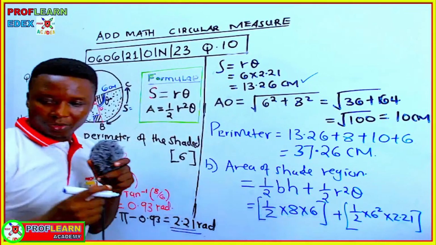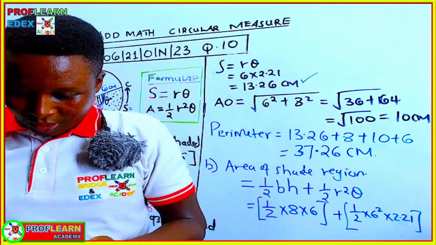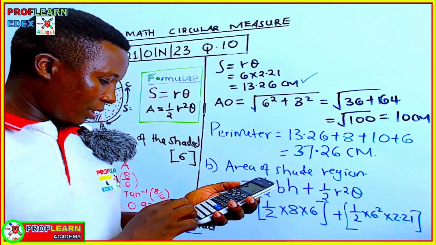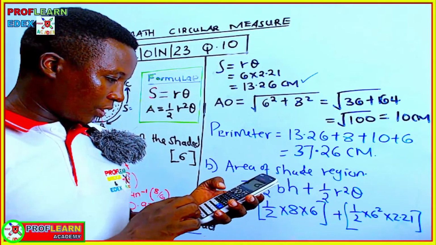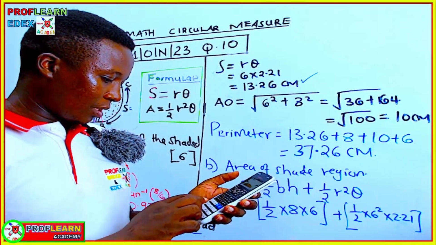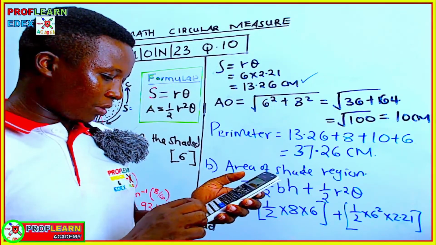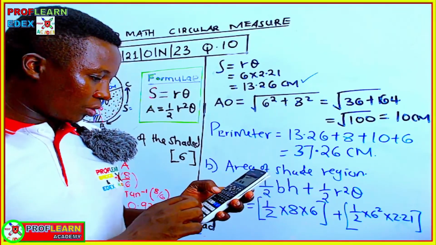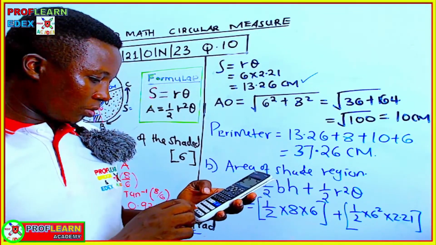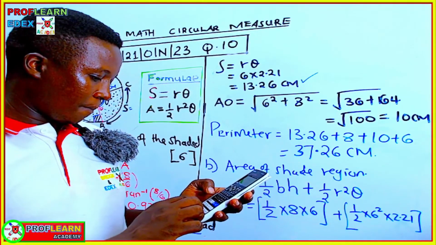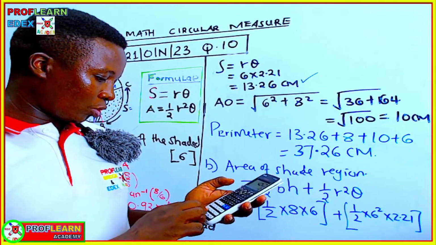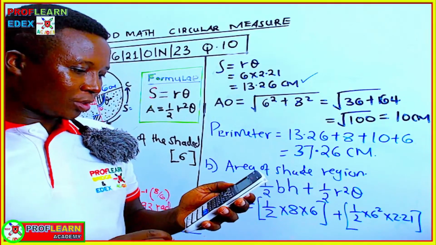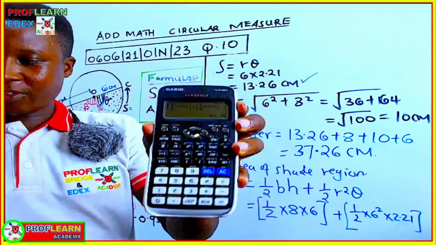Then I'll enclose it like that so that we can put that information in the calculator. So this is 1/2 times 8 times 6. I'll close the bracket, then plus open bracket 1/2 multiplied by 6 squared multiplied by 2.21. I'm going to get my answer correct to 4 significant figures.